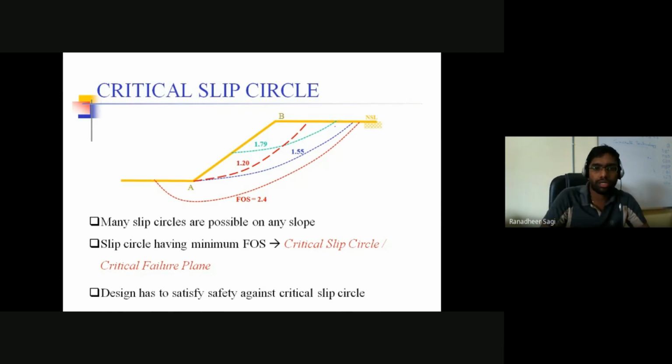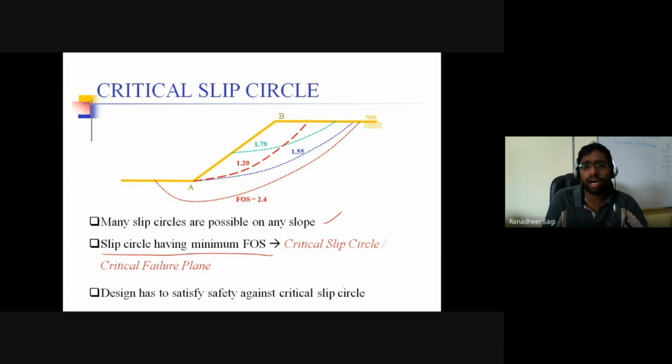As discussed, you will have many slip surfaces possible in any slope, but out of all those different slip surfaces, the one having the minimum, the least factor of safety, is what is considered your critical slip surface, or critical failure surface, or critical failure plane.